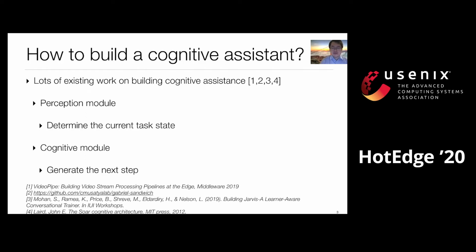Normally, we could adopt an object detector or a classifier for this module. The second component is the cognitive module, which will generate the next instruction given the current task state and the goal of the task. For this module, we could apply either state machines or a planner to generate the next instructions.